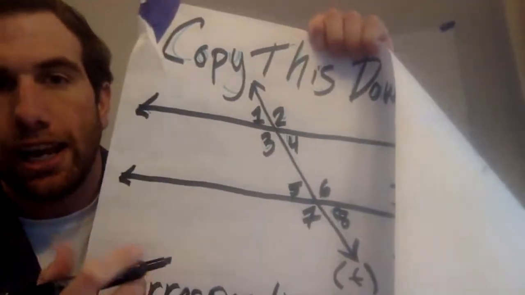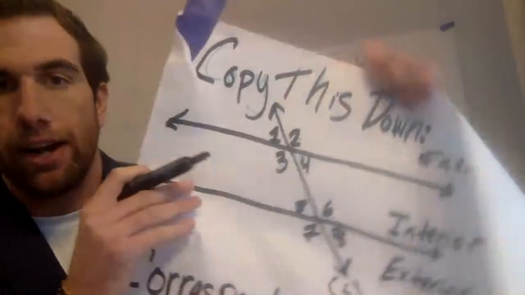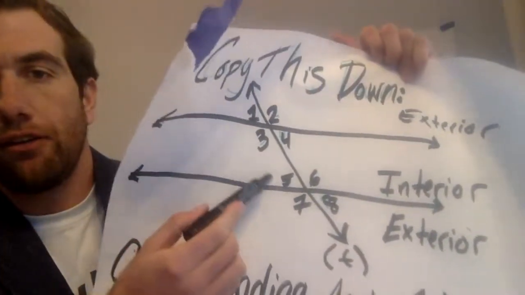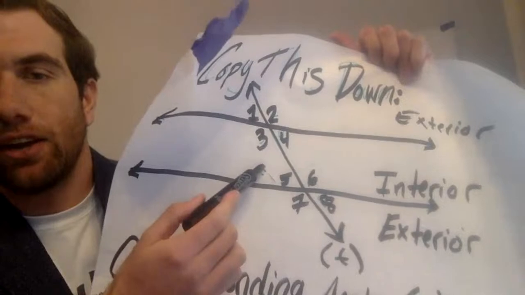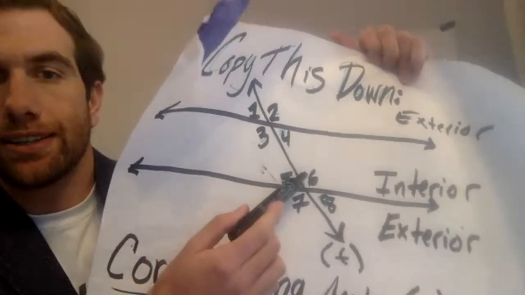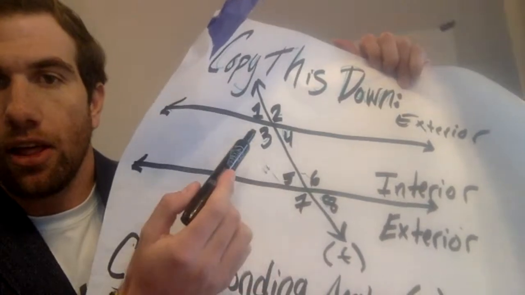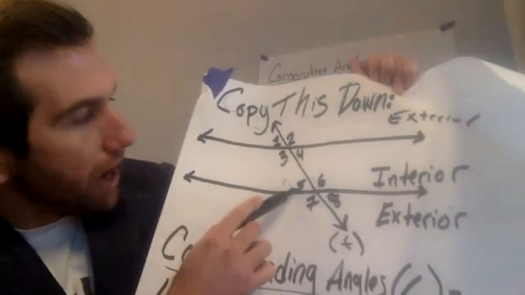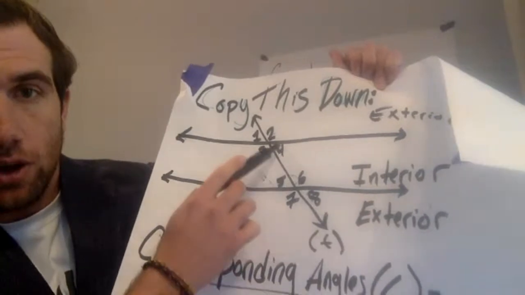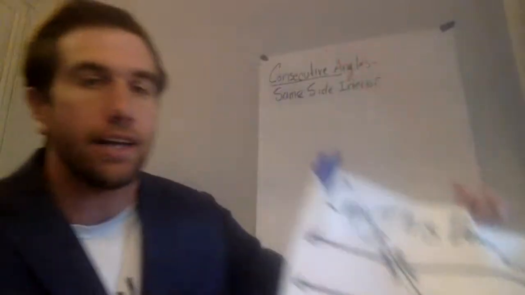So consecutive angles, it's inside, right? Look, 3 and 4, consecutive. 4 and 6, consecutive. Okay? So 3 and 5 are consecutive, as are 4 and 6. So if you write that down, angles 3 and 4.